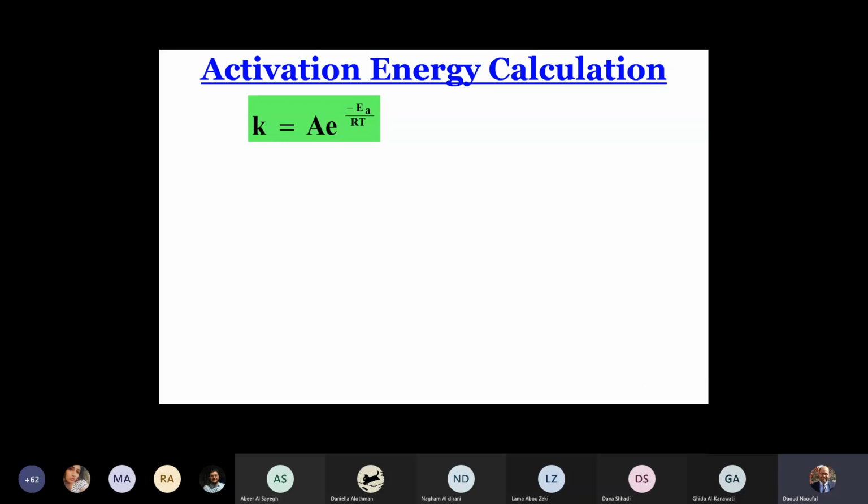For the same reaction, A and EA are known and constant. So the rate constant is only temperature dependent for the same reaction. This implies ln K equals ln A minus EA divided by RT.